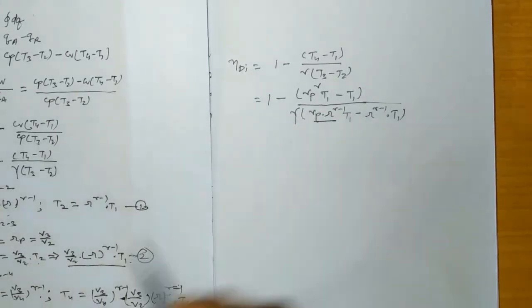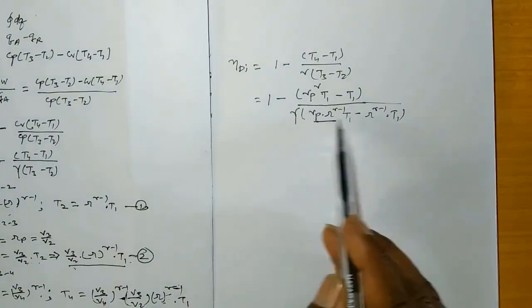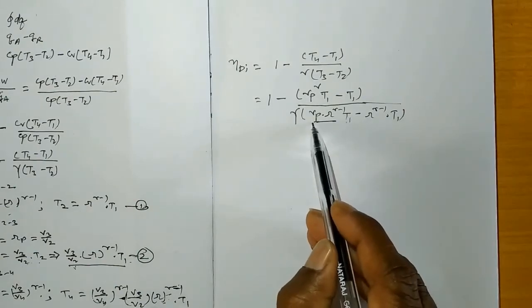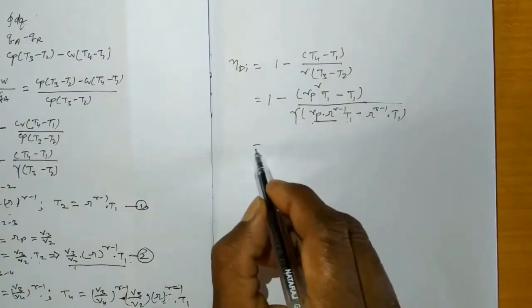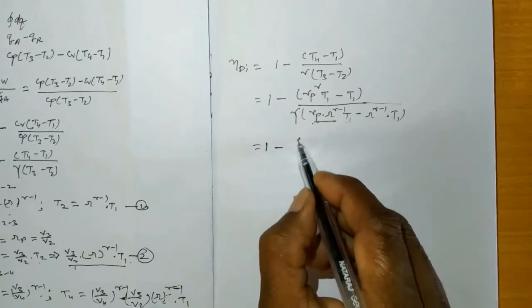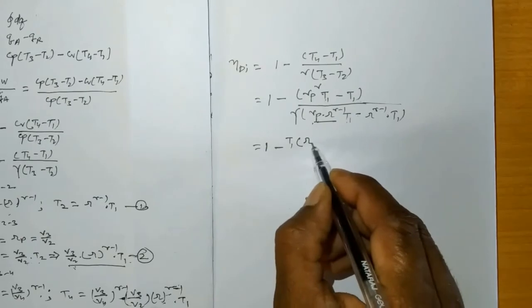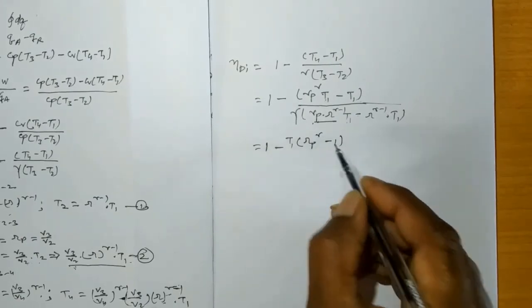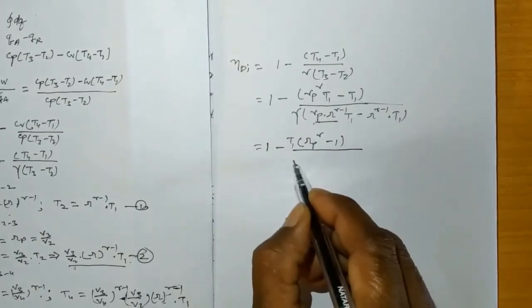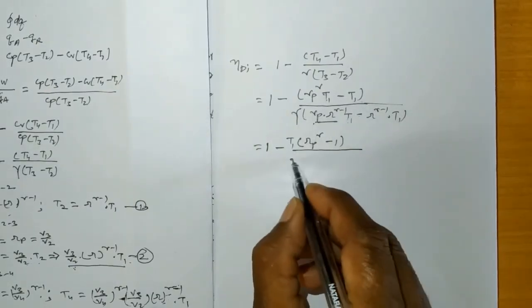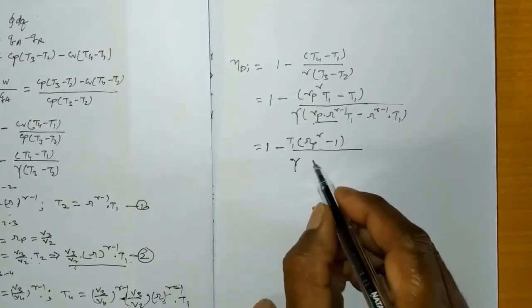This is the value of T3, that is V3 by V2 into R power gamma minus 1 into T1, where V3 by V2 is the pressure ratio. Solving, we take the common T1: Rp power gamma minus 1 over gamma.